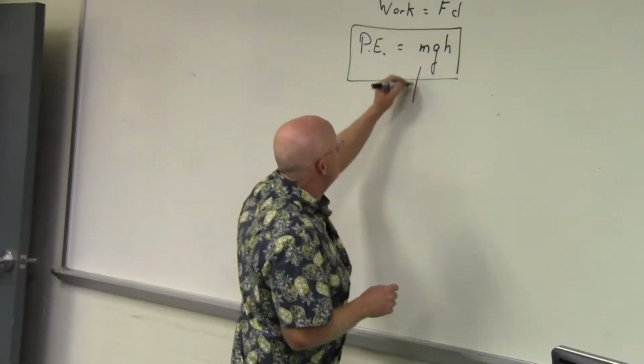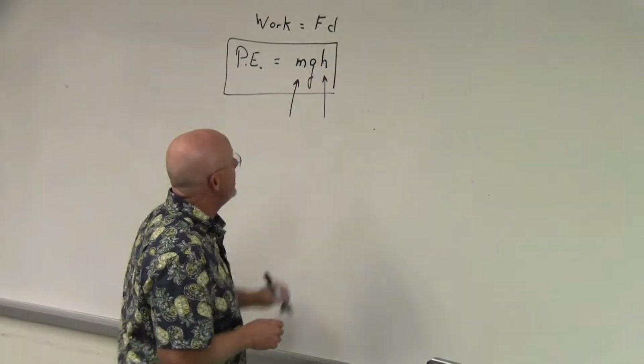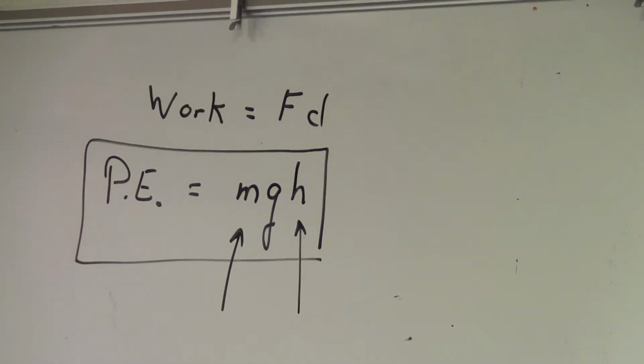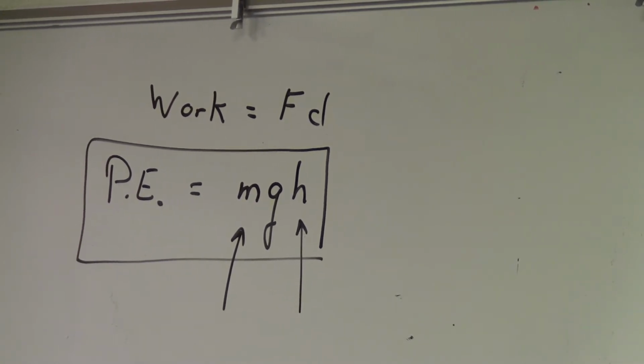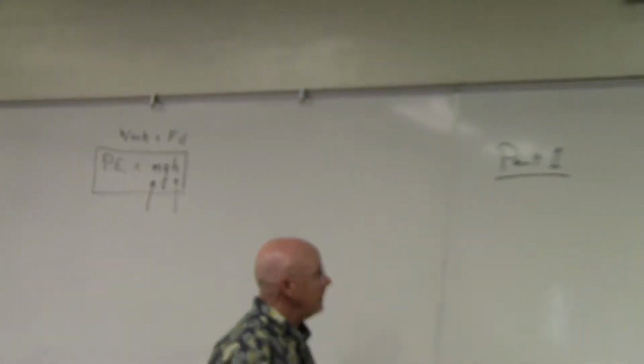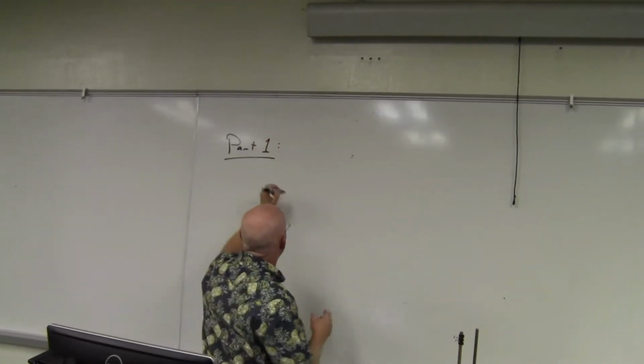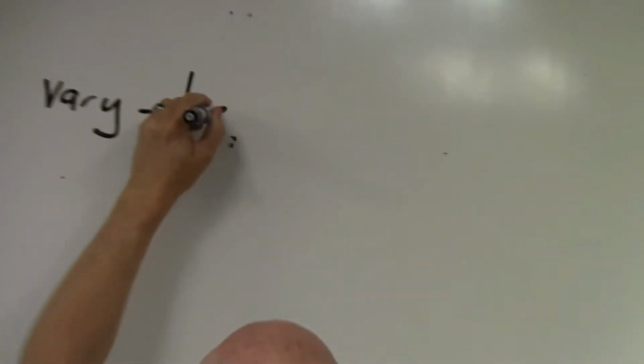Our 2 variables that we can change when we have an object are the mass of the object and the height from which we let it fall. That explains why we have a part 1 and a part 2. In part 1, we are going to vary the height.